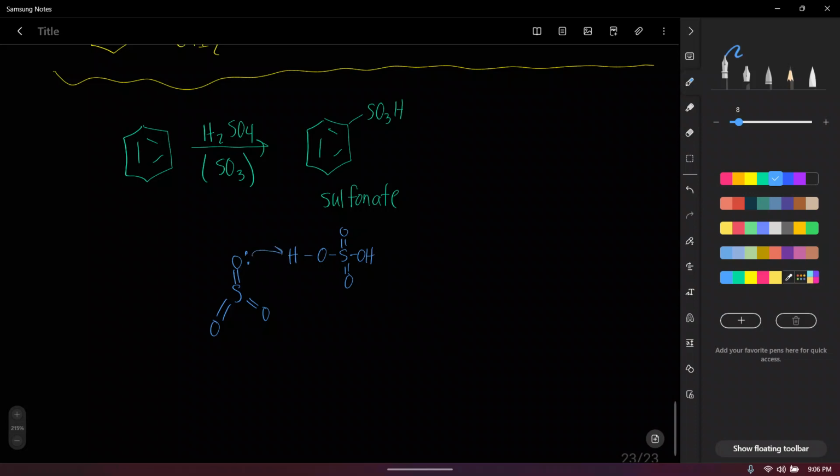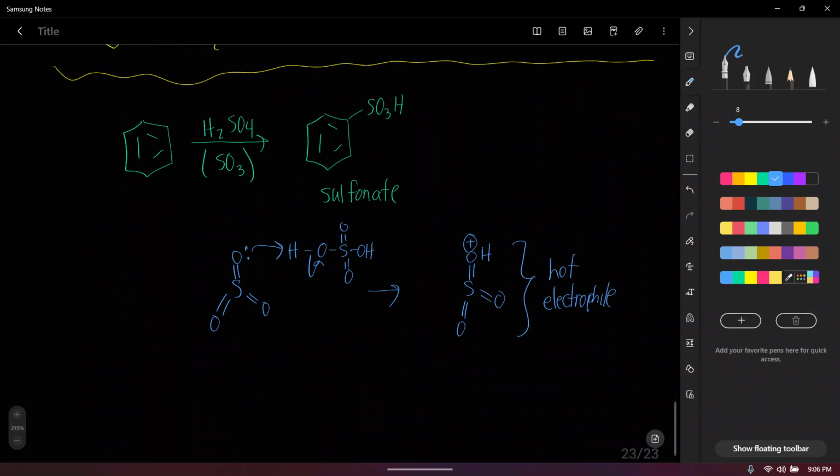This can grab that, and I can form this species. And this is my very, very hot electrophile. Alright? So that's how I form my hot electrophile. It's literally just protonating SO3. Okay?